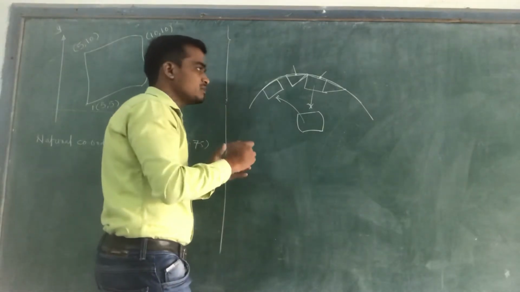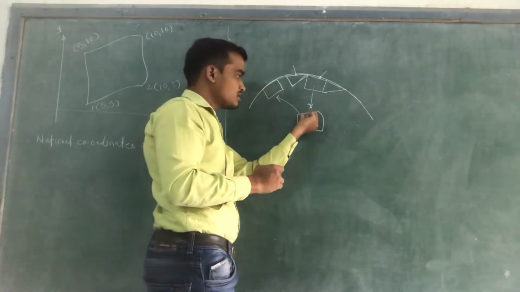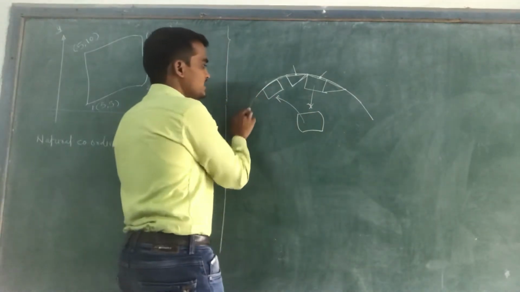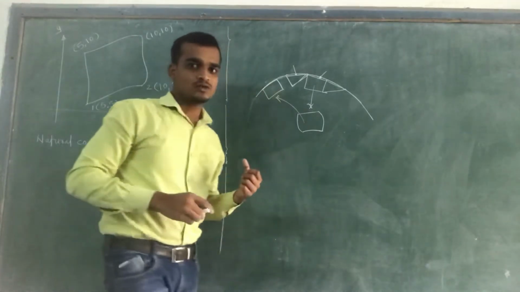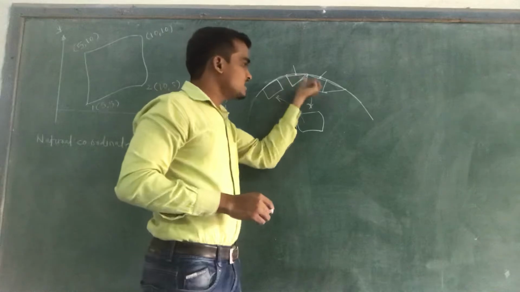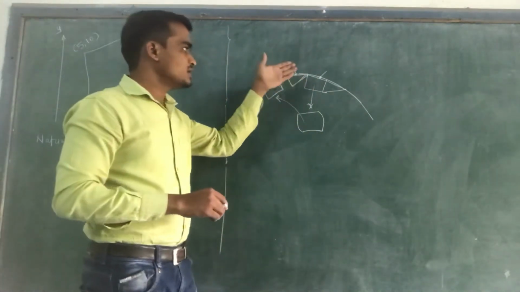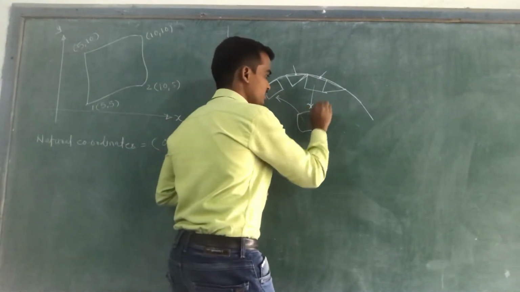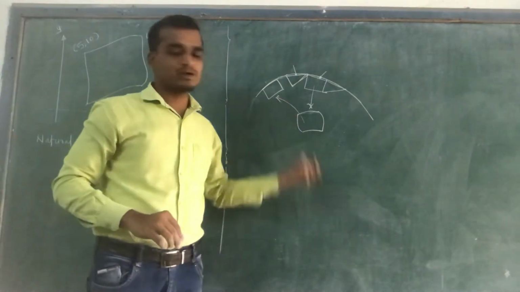Isoparametric elements have irregular geometries or curved edges, so that we can map this irregular geometry exactly, and the accuracy level will be increased. This is the concept of the isoparametric element.